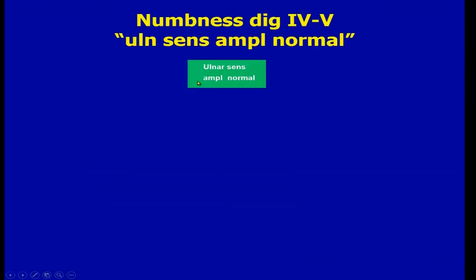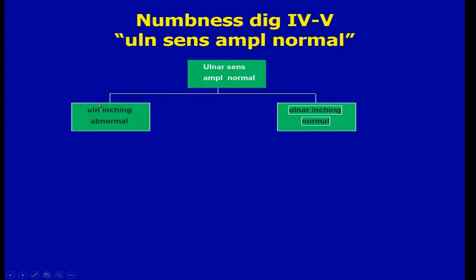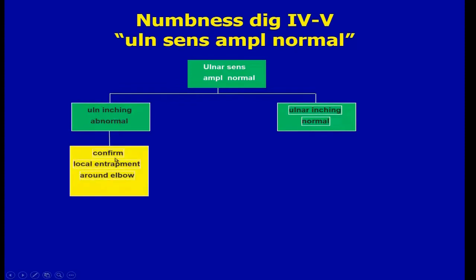Now I'm going to show you some details about strategies around the sulcus ulnaris. A patient with numbness in digits 4 and 5, and they have normal sensory amplitudes over these digits. So we know that it's not an axonal degeneration in the area. If we look at the inching, that is abnormal, and we can confirm entrapment and try to localize it a little more.